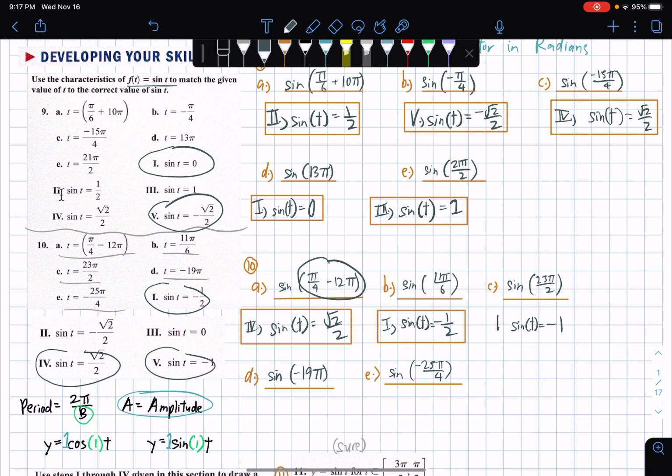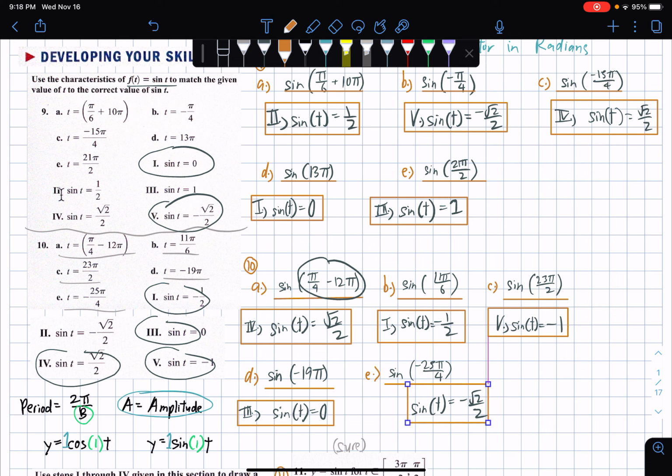So that's V. For letter D, sine negative 19 pi, we get 0. That is 3, or I. For letter E, negative 25 pi over 4, we get sine t equal to negative square root of 2 over 2, which is this one.